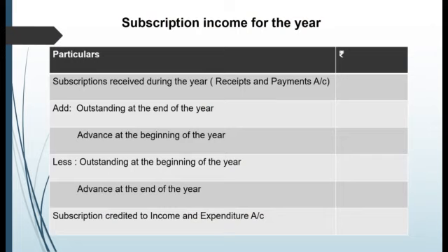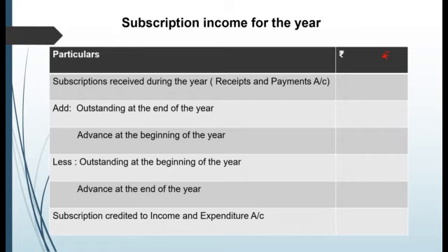Now the statement method. This is the statement you would prepare, for computation of subscription income for the year, which would be credited to the income and expenditure account. Basically, you can have particulars and two amount columns, inner and outer. It would always start with the subscription received during the year, that is the total amount received, irrespective of whether it is related to the current year, previous year, or next year.